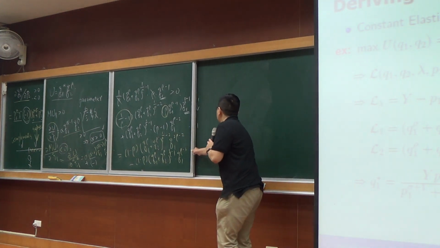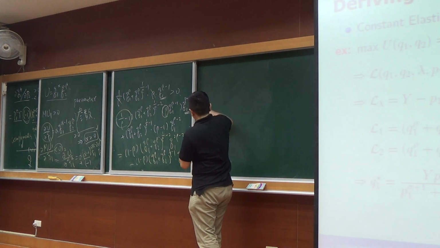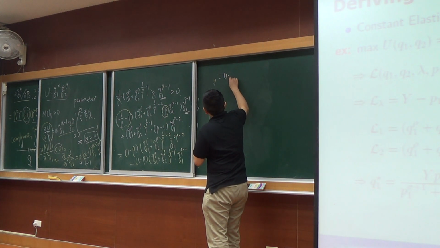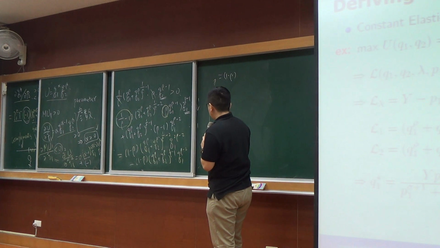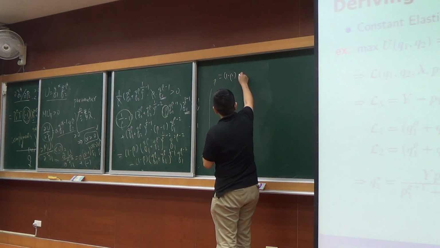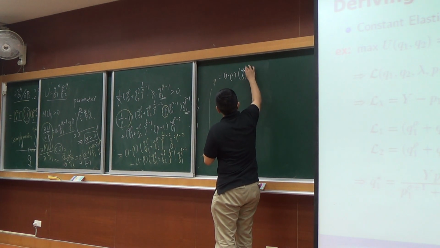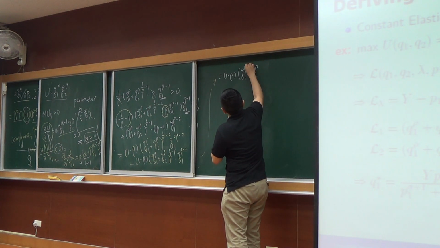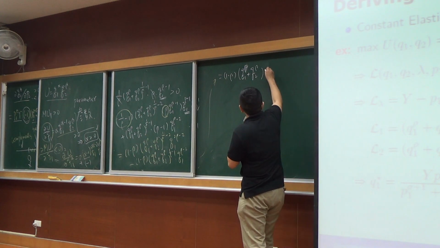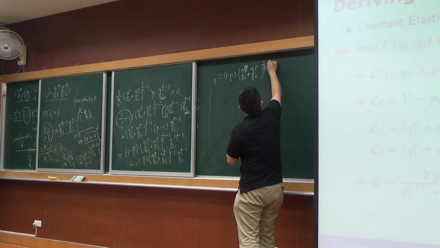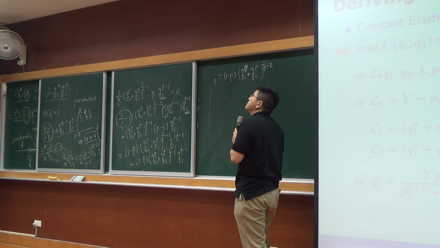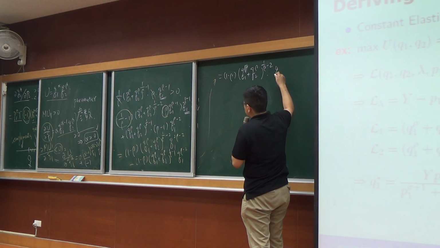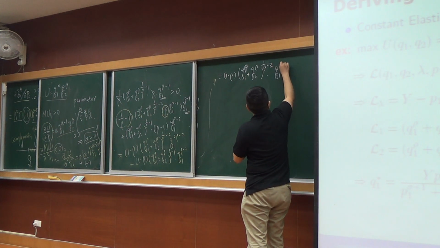And, okay, here. It would be 1 minus rho, we have, and Q1 to the power of rho, Q2 to the power of rho, 1 of rho, negative 2, negative 2, and Q1, 2 rho minus 2, rho minus 2.